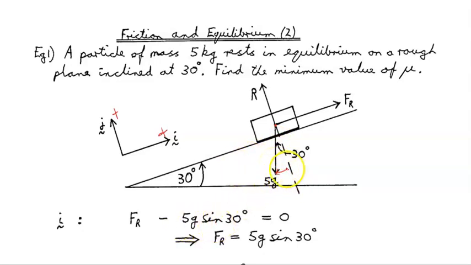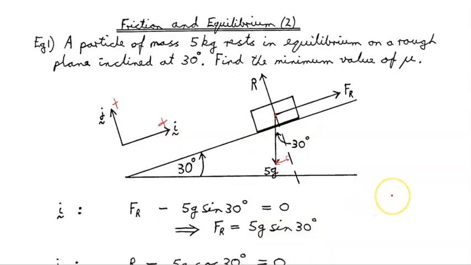Friction force minus this component of the weight force, 5g sine 30 degrees, sums to zero. So that tells us the friction force is equal to 5g sine 30 degrees. That's the I direction. All the forces sum there to zero. So here's our first equation.